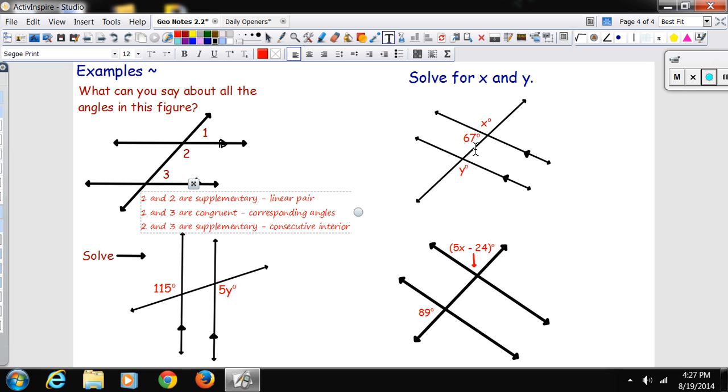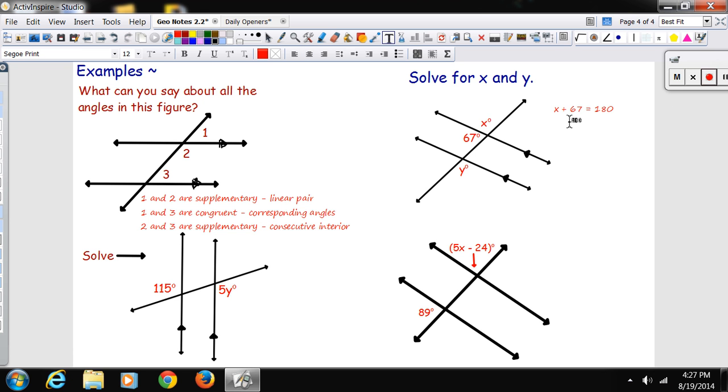As we go across, it says solve for x and y. So if I look at x here, I know that x and 67 are going to add up to a straight line here. So I know that x plus 67 has to equal 180 degrees. So that's what I know.